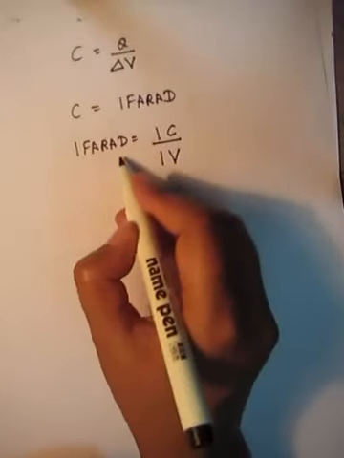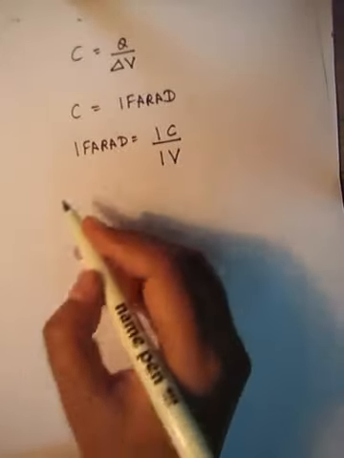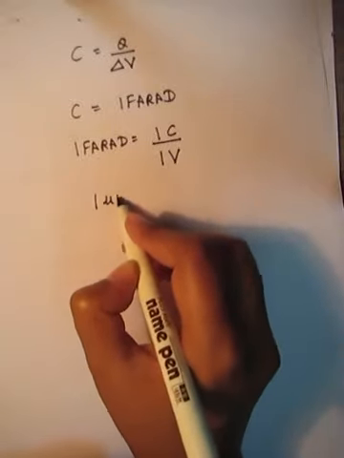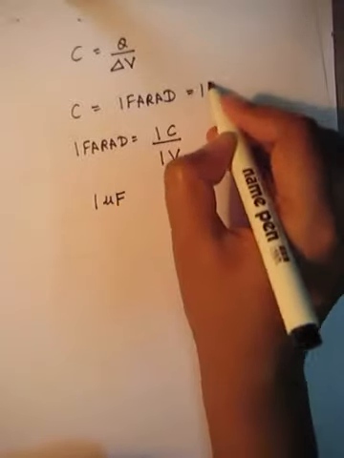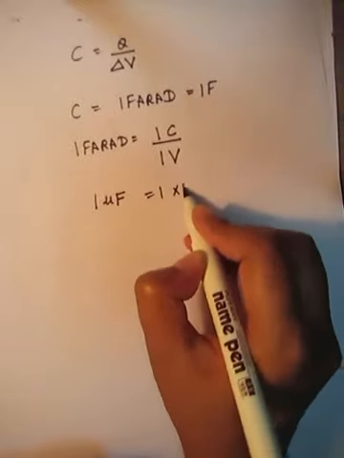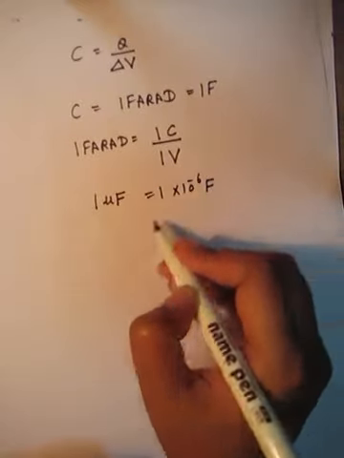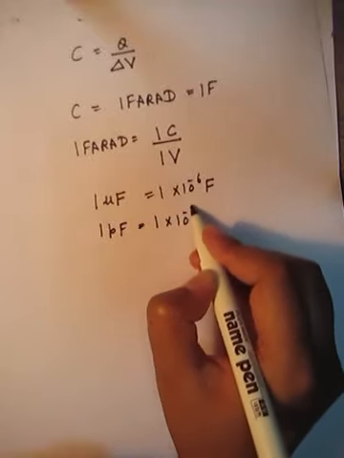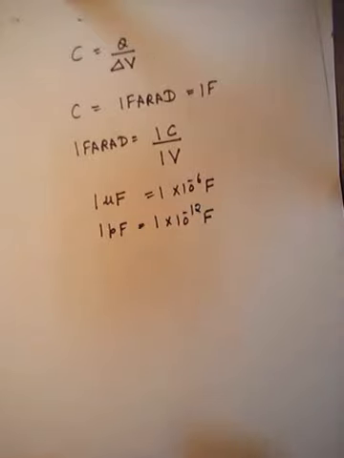But farad is a very large unit. We usually don't use this. We usually use a microfarad, which is 1 into 10 to the power minus 6 farad. Or we use a picofarad, which is 1 into 10 to the power minus 12 farad. Okay, that's all.